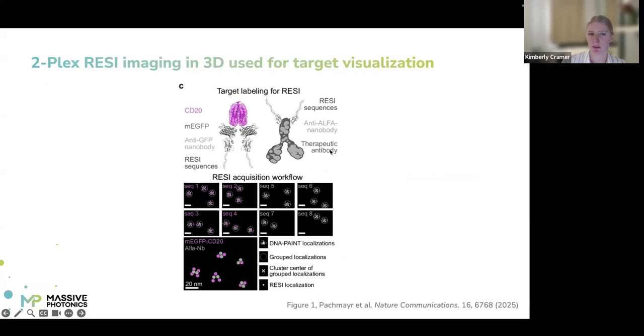So they imaged these at the same time. The therapeutic antibody had a tag on it, an alpha tag, and this enabled DNA paint imaging. And essentially, like I mentioned, instead of 4 acquisitions for 1 target, now that they had 2 targets, they needed to do 8 DNA paint acquisitions or rounds of imaging.